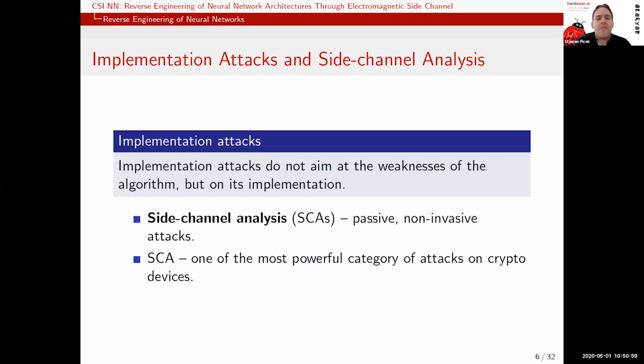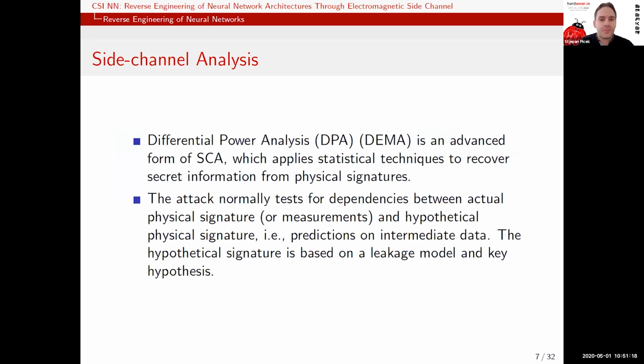And actually, they are very powerful, and usually they are considered in the domain of cryptographic devices, as one of the most powerful categories of attacks. But we will see they can be used outside of crypto, like in this application today. So we are attacking neural networks, nothing cryptographic there.